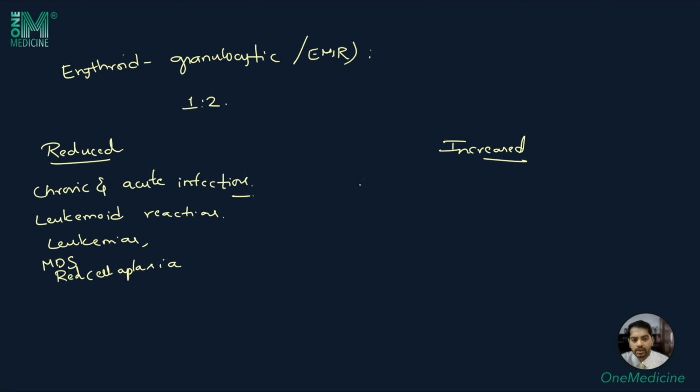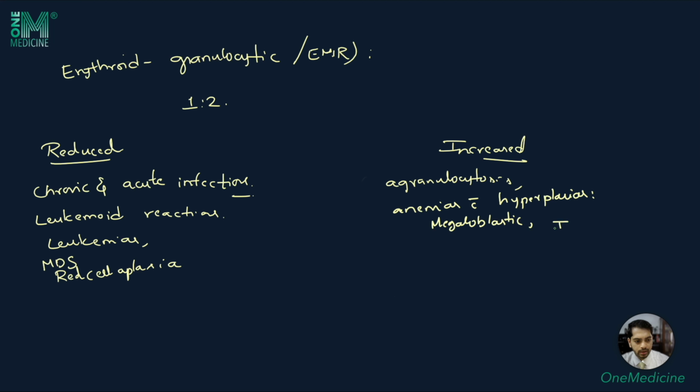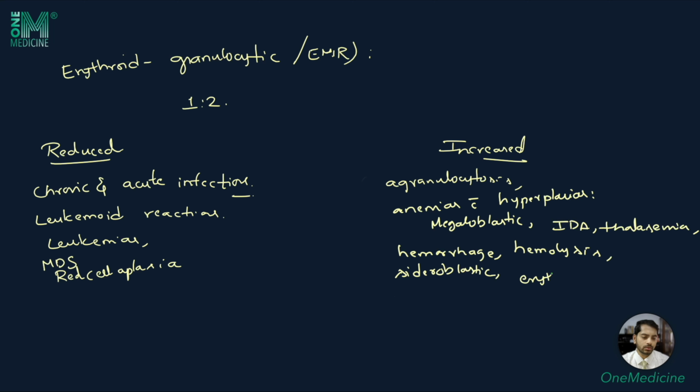Conditions where erythroid granulocytic ratios are increased include agranulocytosis, anemias with hyperplasias. So these include megaloblastic, iron deficiency anemia, thalassemia, hemorrhage, hemolysis, sideroblastic anemias, and erythrocytosis.